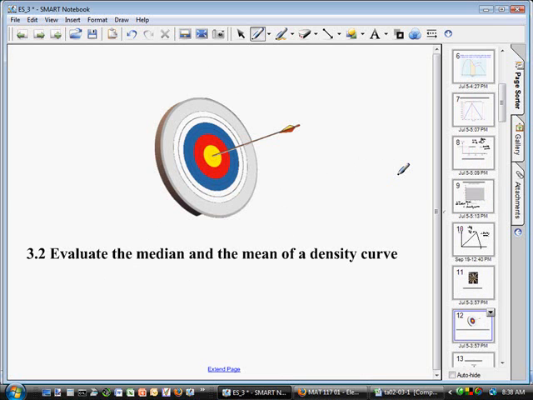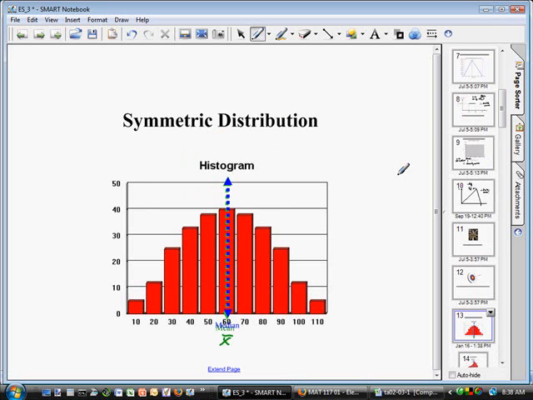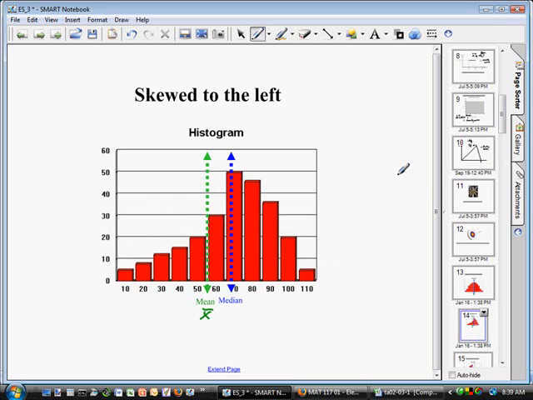Now, this part is review, so you can probably rest a little bit here. In fact, originally I didn't teach this in Chapter 2, but you remember the difference between the mean and the median when we have a symmetric distribution and a skewed one? I know you do, because I made a big deal out of it. In a symmetric one, the mean and the median are right together.